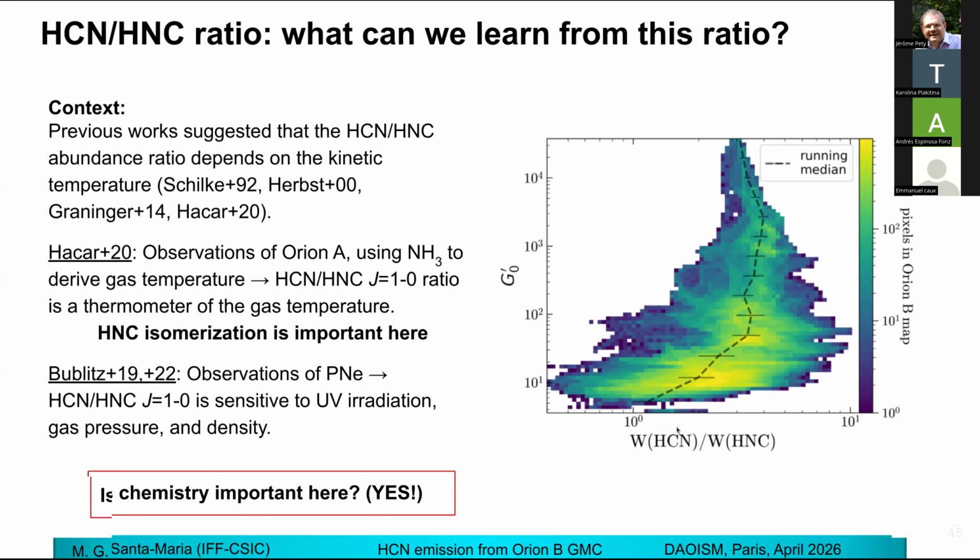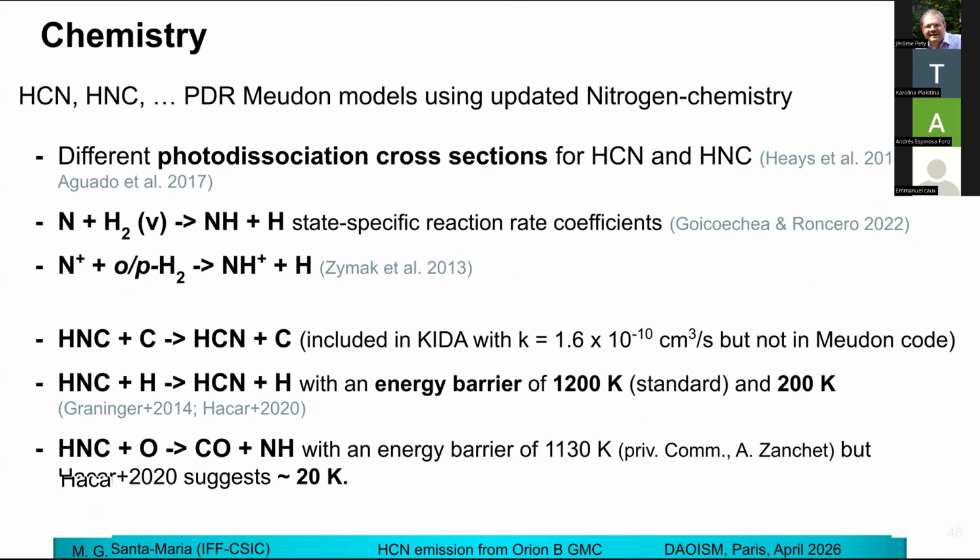And we wonder if the chemistry is important. And of course, yes, it is. So what we did mostly, Javier, at this step, was to use the PDR Meudon models with an updated nitrogen chemistry, specifically these different photodissociation cross-sections for HCN and HNC.